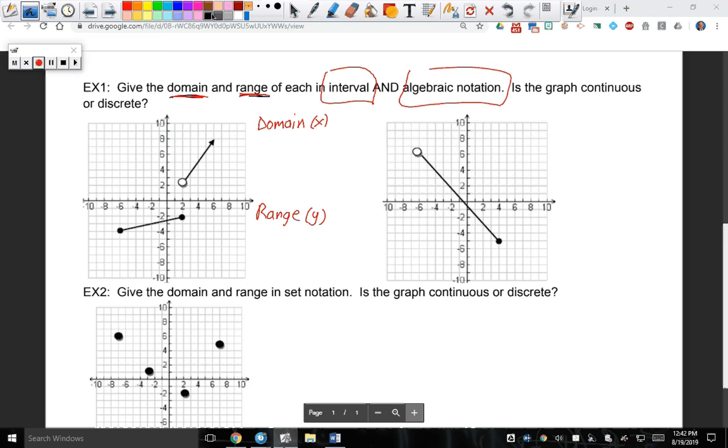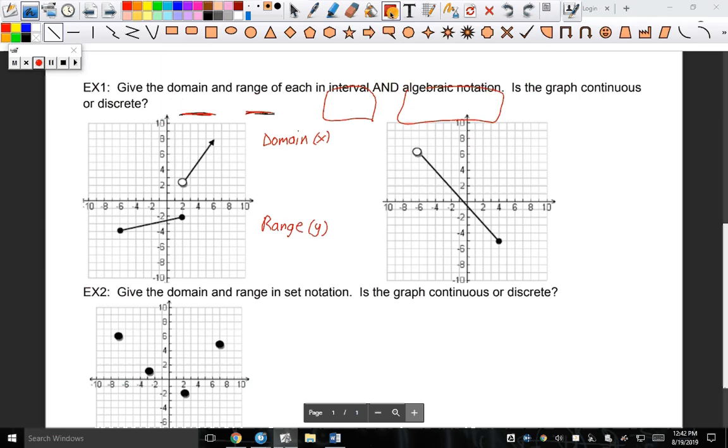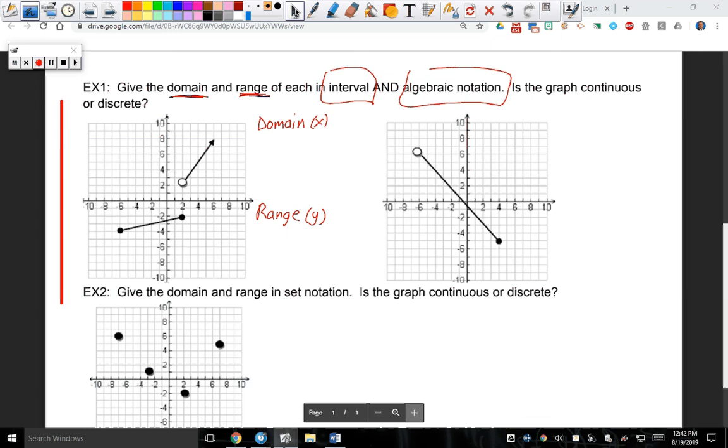So with that being said, let's scan. We have about 30 seconds before lunch. That's what that alarm was for. Let's scan this, and we're going to scan the x values for the domain. Here we go, left to right. I want you to think that the graph is pieces of metal, and it will only beep when I'm right above it.